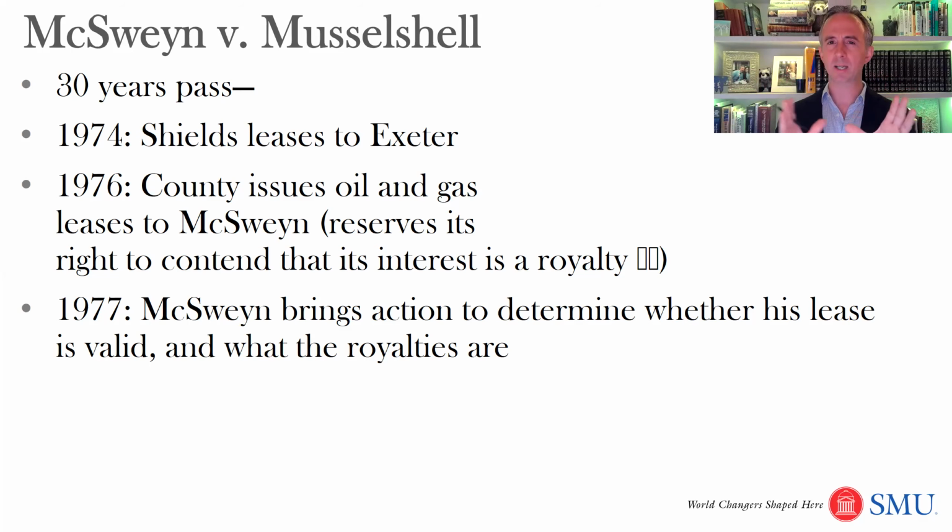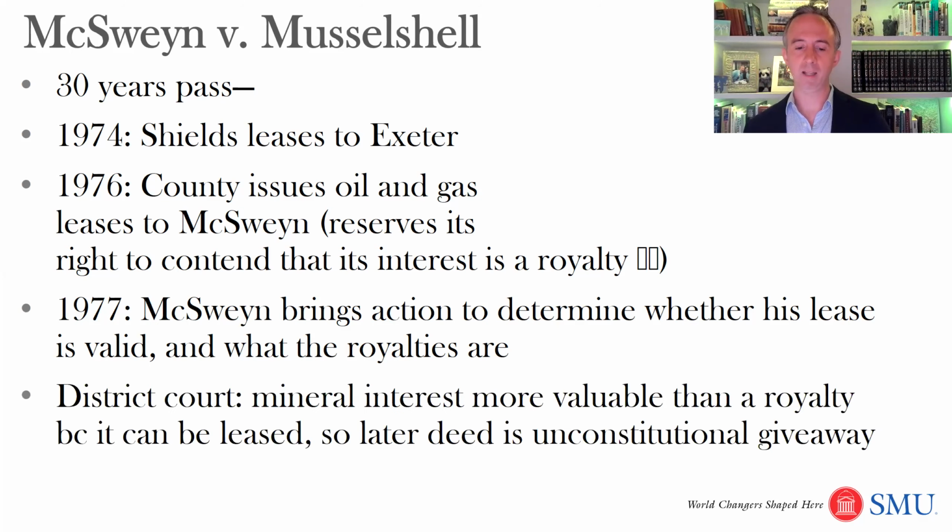But the basic question is, okay, what is going on here? Was it a 2.5% mineral interest or a 2.5% royalty? And so were these leases to McSwine valid? The district court says the mineral interest was more valuable than a royalty. And remember, the first two things in 1933 and 1943 made it sound like a 2.5% mineral interest.